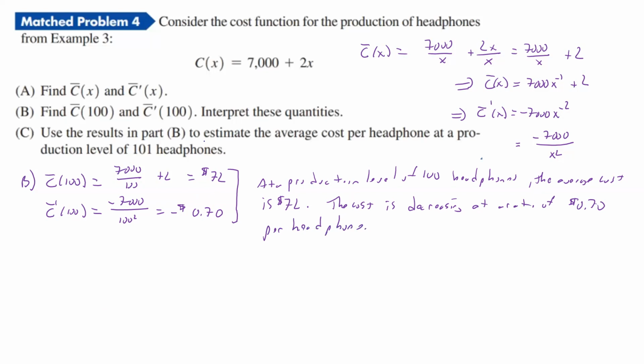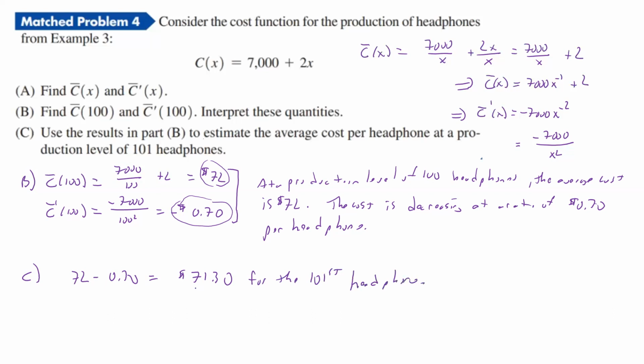Now it says use the results in B to estimate the average cost per headphone at a production level of 101 headphones. That one is pretty easy. We're just going to take this number minus this number. So it's going to be 72 minus 0.70, and that should be 71.30. That's for the 101st headphone.